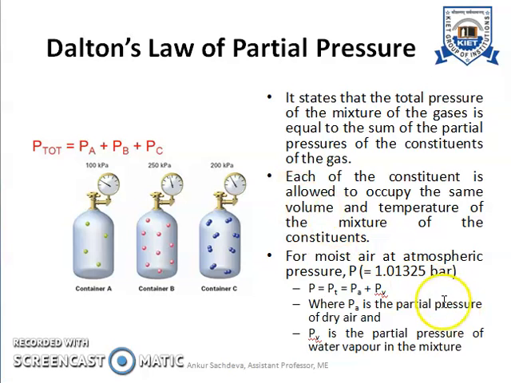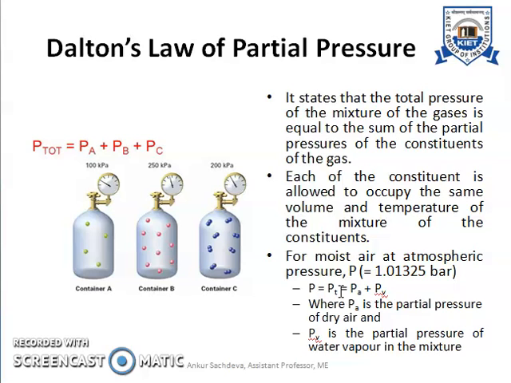Atmospheric air or moist air consists of both dry air as well as water vapor. If we denote the atmospheric pressure by capital P, then P is equal to Pt, which is nothing but the total pressure of the moist air.